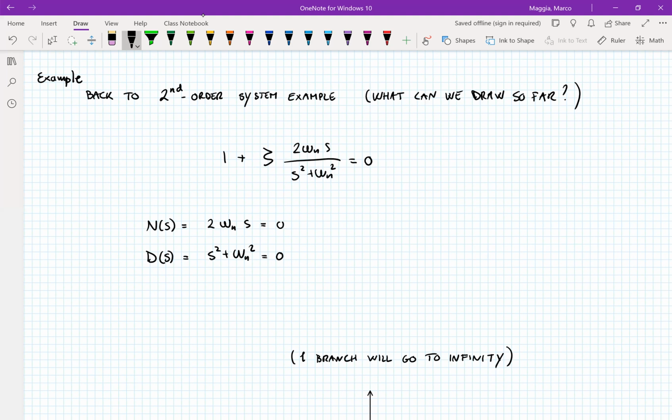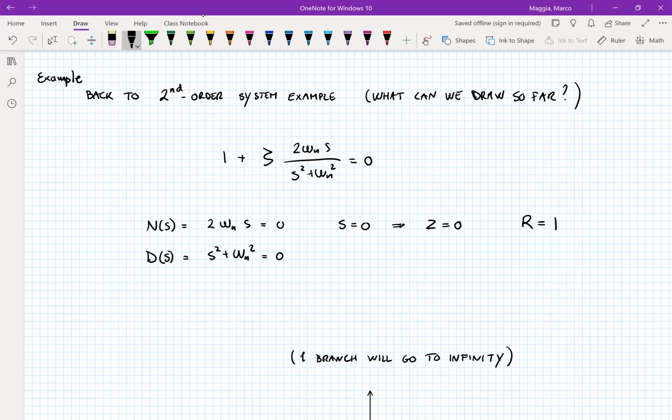When we take a look at the numerator, that is 2 omega n s equals 0, the only root to this equation is s equals 0. So we have one open loop zero at the origin. And we can write that r is equal to 1. Remember, r is the number of the open loop zeros.